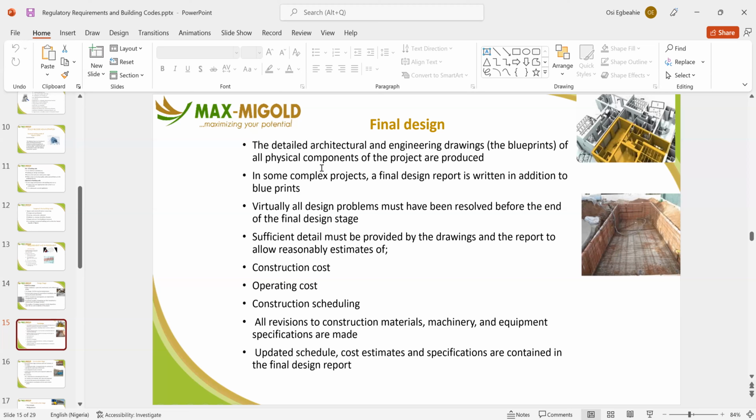Sufficient details must be provided by the drawings and the reports to allow reasonable estimates of, one, the construction cost, two, the operation cost, and three, the construction schedule, which is the program of works. Look at all revisions to the construction materials, machineries, equipment and specifications to be used. The updated schedule, cost, and specification are contained in the final design report.